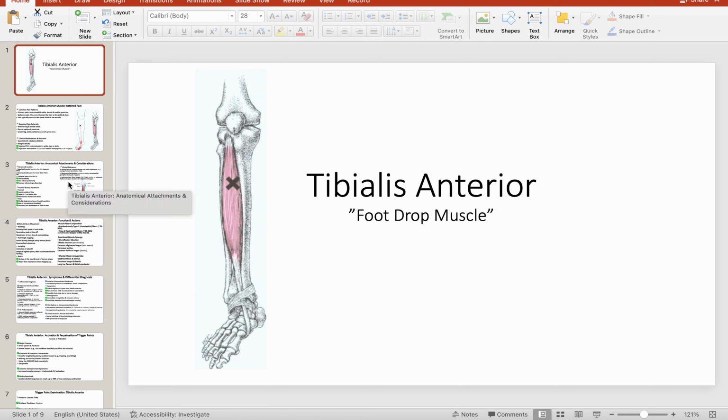Good. So overall, like I say, anytime you have anyone coming in with any ankle pain, you have to always look at this muscle.